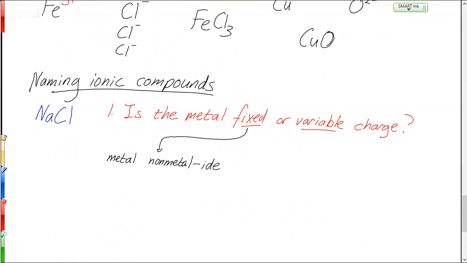So in this case, NaCl, we call it sodium from the sodium. And then it's chlorine, but instead of chlorine, we write chloride. The ion form is the -ide. So it's sodium chloride.